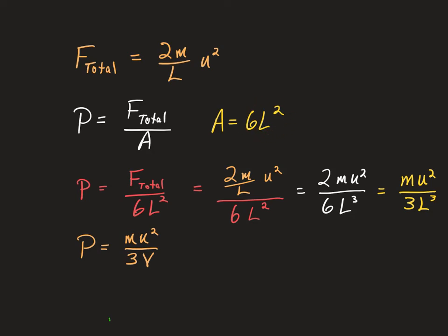So the total area of the inside surface of the box is 6 times the length of one side squared, right? That's the area of one side. There are 6 sides in our cube.